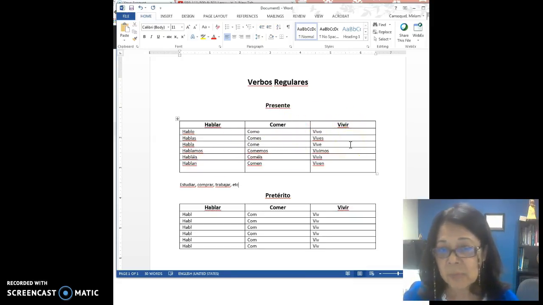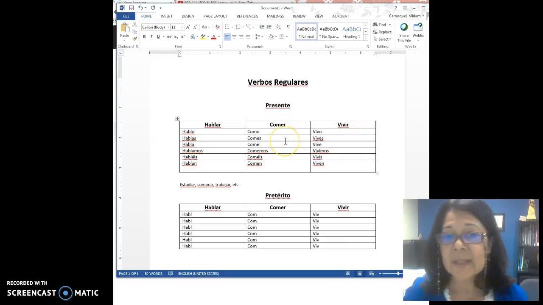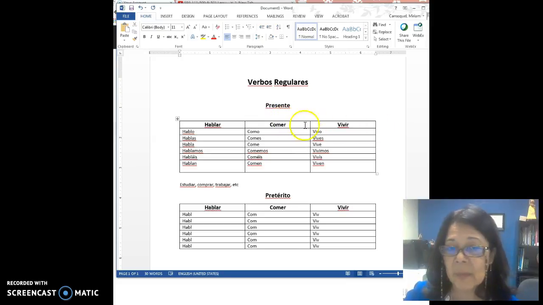One thing you need to remember about comer and vivir is that they are pretty similar. So notice, comer and vivir, yo como, yo vivo. The ending is the same. Tú comes, tú vives. Él come, él vive. However, when you get to nosotros, notice, this is an ER ending. So nosotros comemos, and this one is an IR ending.